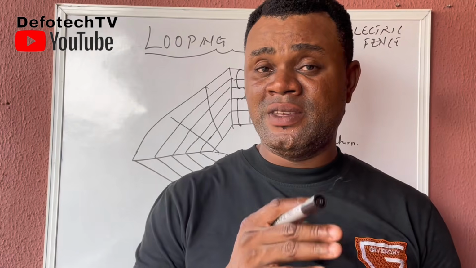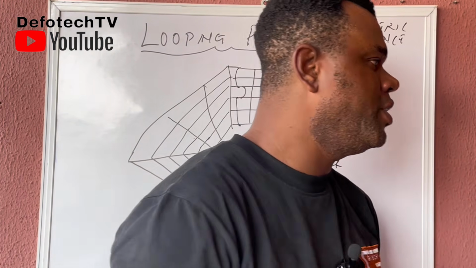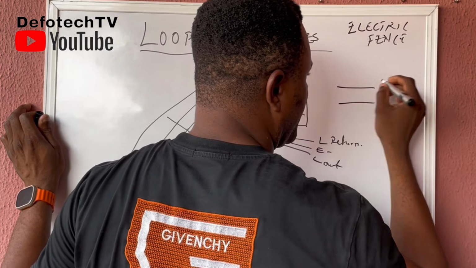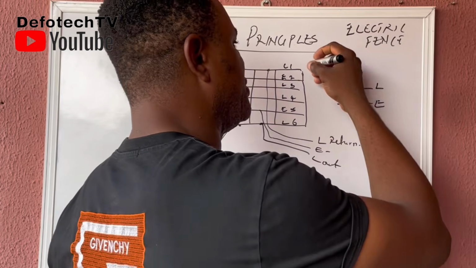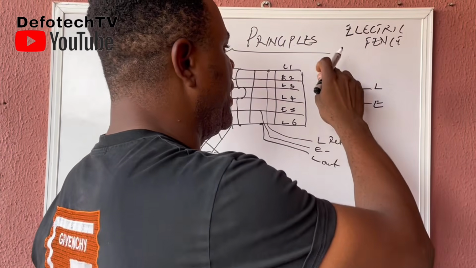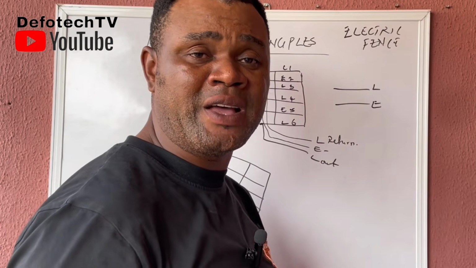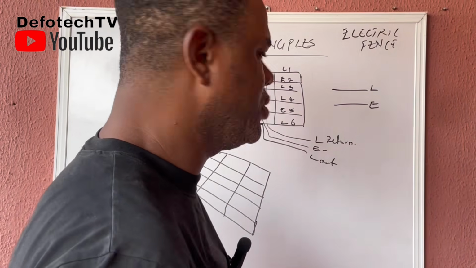He said he is really grateful he saw most of my videos, because before then, all he saw was only two cables coming from the energizer, from the live and from the earth. So they just look and say, okay, fine, the touch principle, where the live touches the earth, then the alarm goes off. That's what he was really concerned about. But I'll tell you, no, this is not what it's all about.